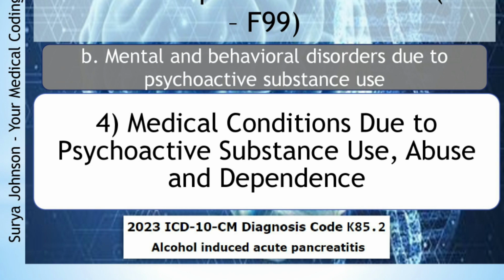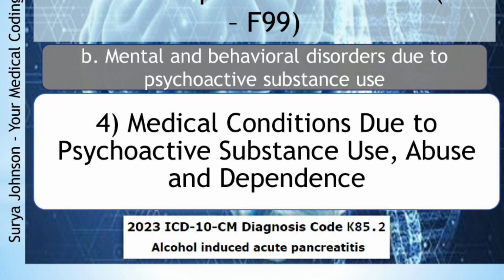Why can we not use the one with other alcohol induced disorder? Because the condition is specified exactly as K85.2, pancreatitis because of alcohol. You cannot code other. In this scenario, you will code with the uncomplicated code if there is a combination code or a medical condition related to the substance use, abuse or dependence.